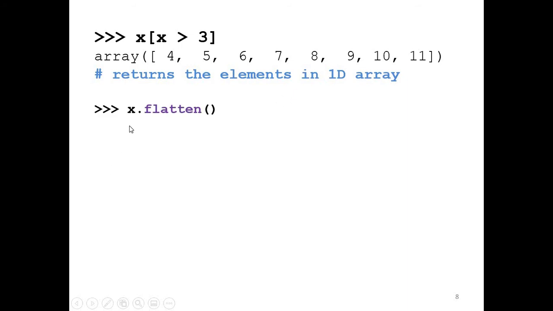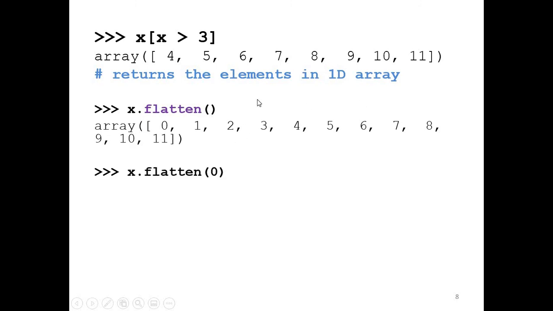So of course you can use this function flatten. So x dot flatten, and you don't write anything here. You can write something, you can take help. So the array is this, 0, 1, 2, 3. It is a flattened out array. You can put a reference here. 0 means it will go along the rows.